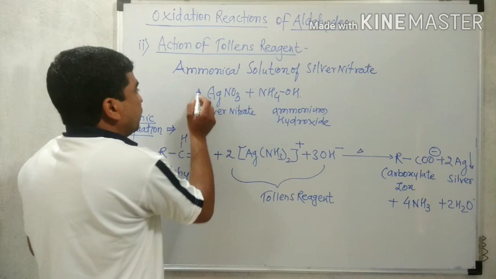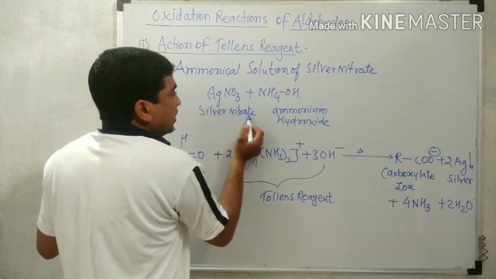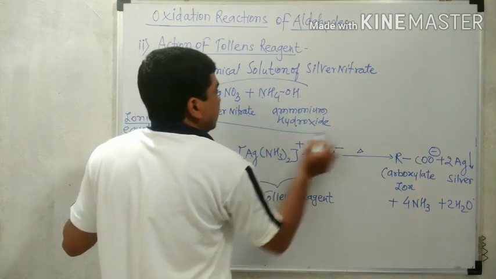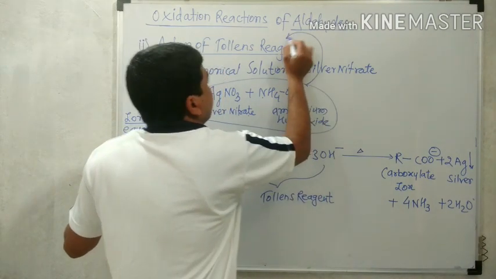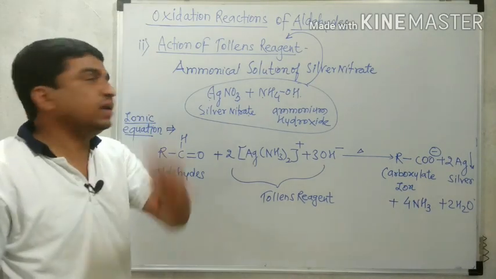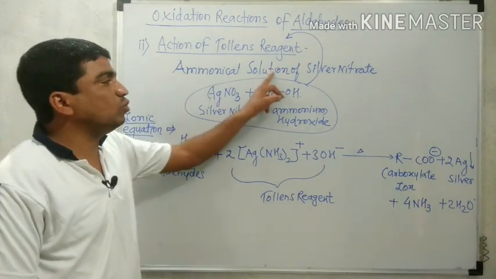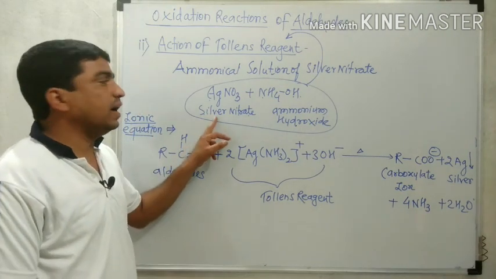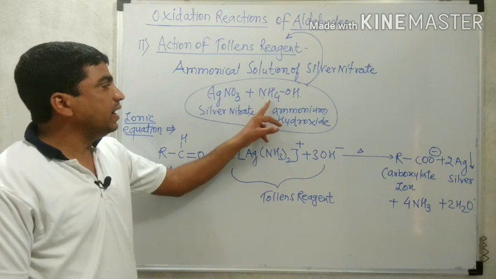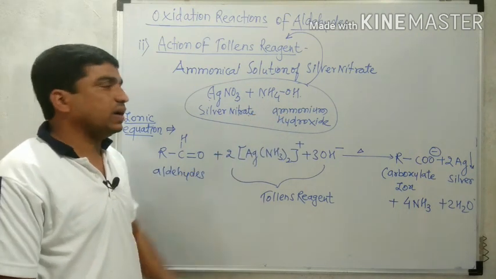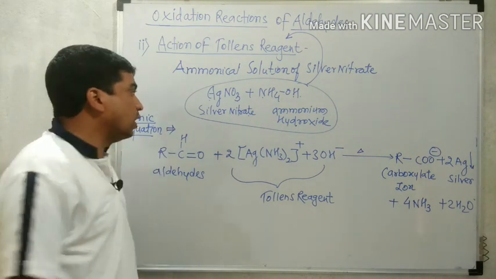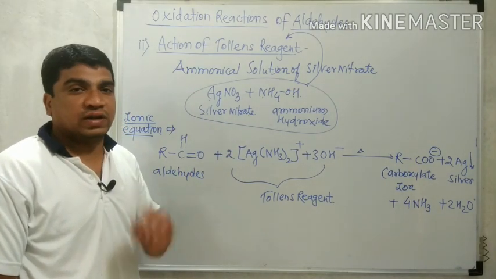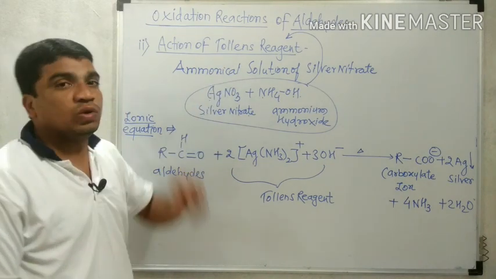The mixture of AgNO3 silver nitrate and NH4OH ammonium hydroxide is called Tollens reagent. So, in one sentence, it is an ammoniacal solution of silver nitrate. It is prepared when silver nitrate is dissolved in ammonium hydroxide, that is NH4OH.